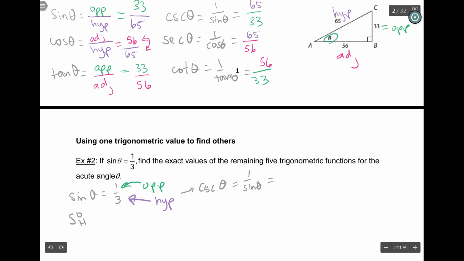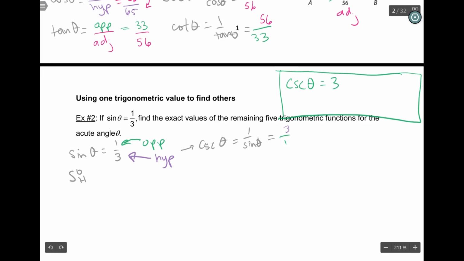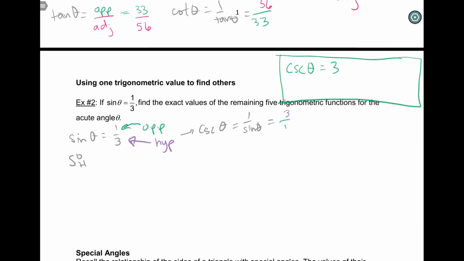So you just take 1/3 and you flip it, so you put 3 over 1, and that would be your cosecant. So we know cosecant of theta is equal to 3. Make a box. So I'll list all of the ones over here. Okay, so interesting. We don't know what the adjacent side is going to be equal to. So let me draw a triangle and then label the sides.